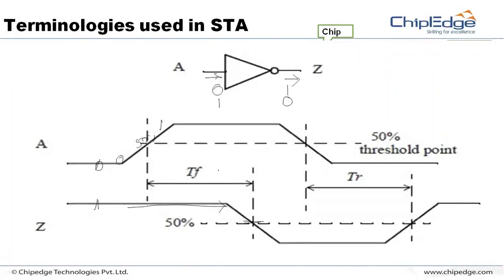Similarly, if my input A is changing from 1 to 0 at 50% time, then my output is changing from 0 to 1 at 50%. So this time we will take as the cell delay, the propagation delay. Definitely an inverter is taking some time to give its output.